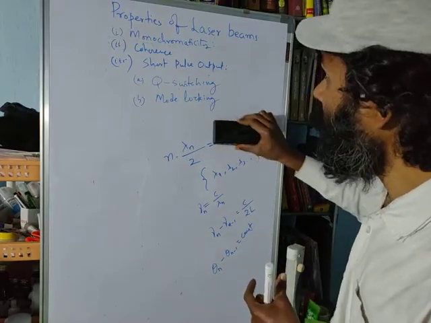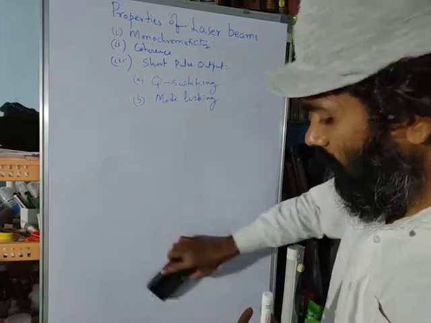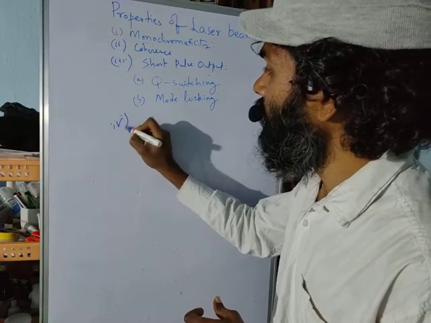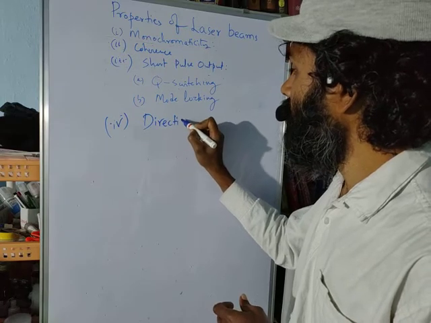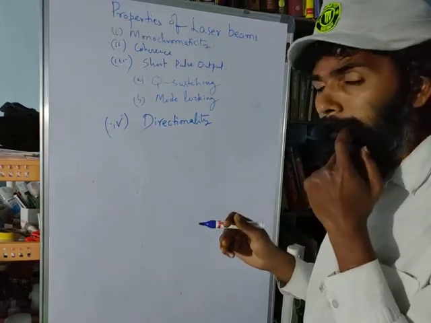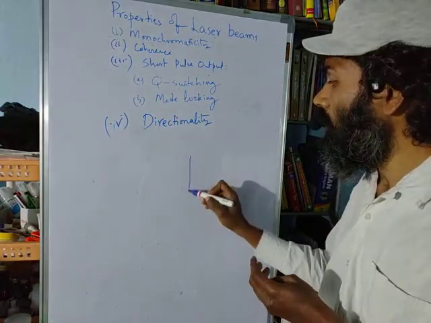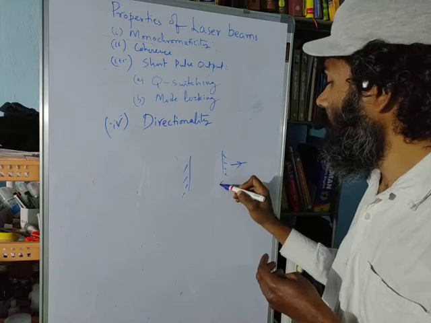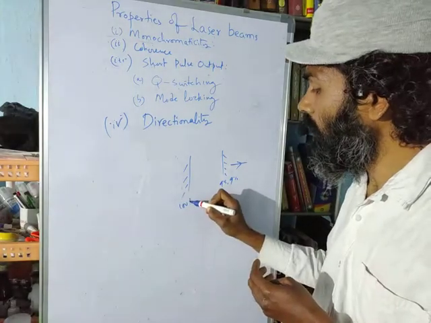So after this I want to go into the next thing, which is directionality of the laser beams. So let me put this number 4 here, property number 4, and this is about directionality of the laser beams. The laser beams are pretty much unidirectional, because the output comes through the second mirror, the right side mirror, which is partially reflecting, and the other one is 100% reflecting.